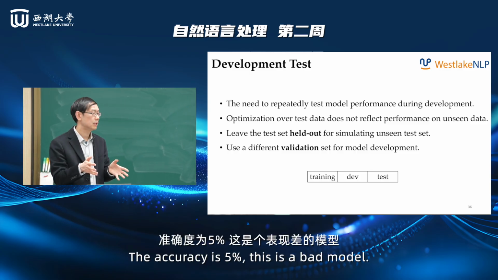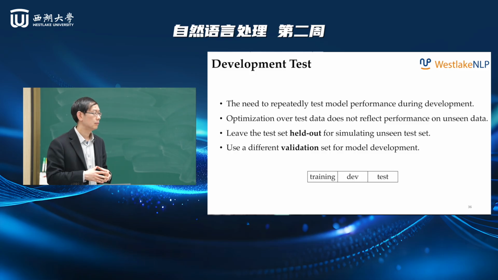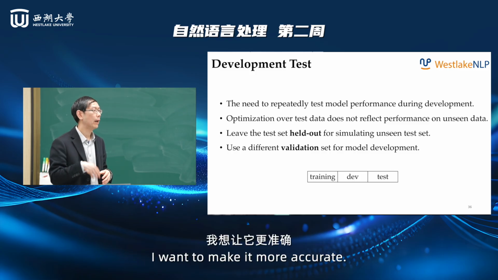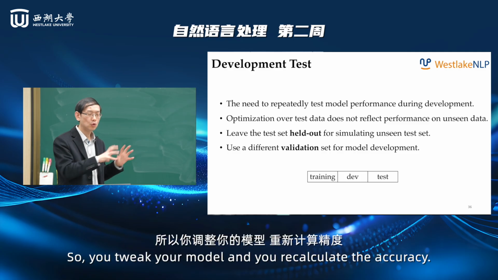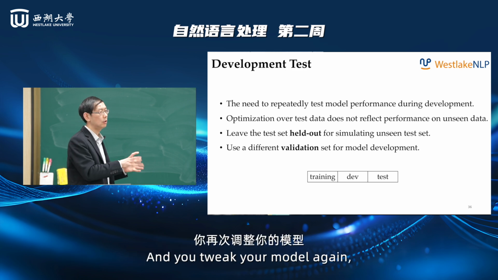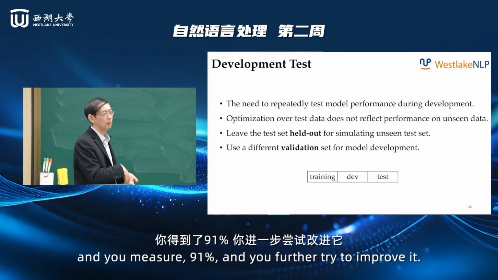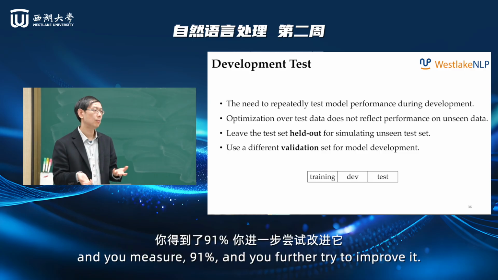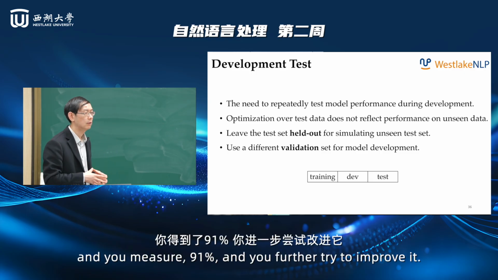The accuracy is 5%. You say, no, this is a bad model. I want to make it more accurate. So you tweak your model, and you recalculate the accuracy. Great, now it's 90%. It works. And I want to make it even better. You tweak your model again, and you measure, 91%. And you further try to improve it.